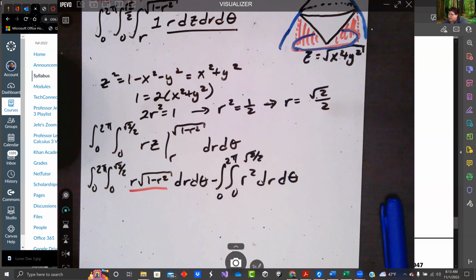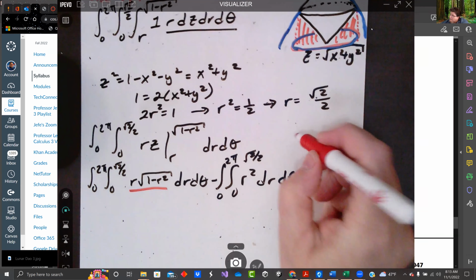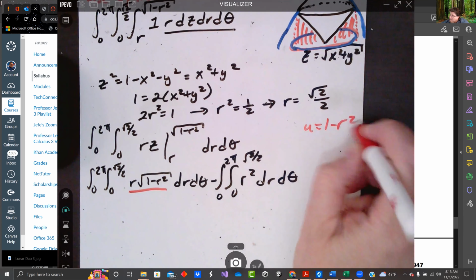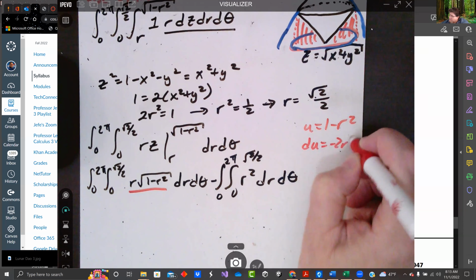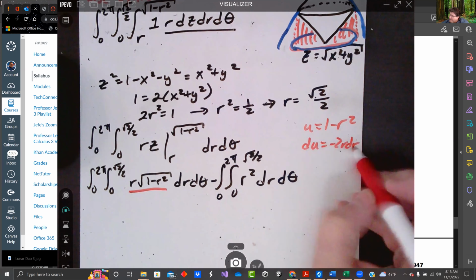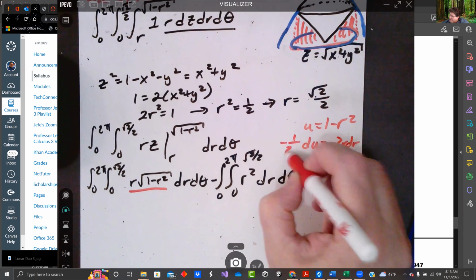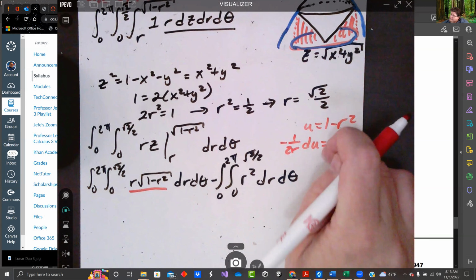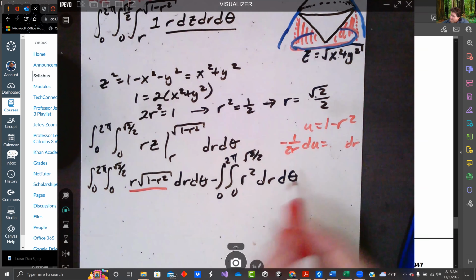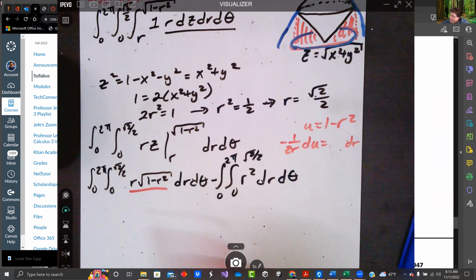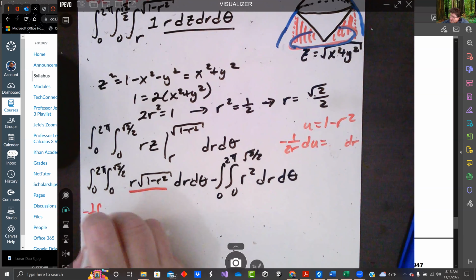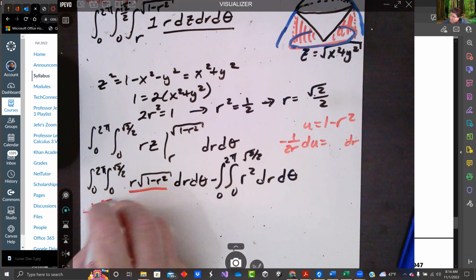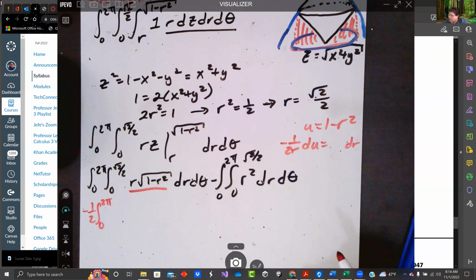So if we do a u sub, we're going to get du equals -2r dr. I've got the r, I need the -1/2. What happens to the limits?